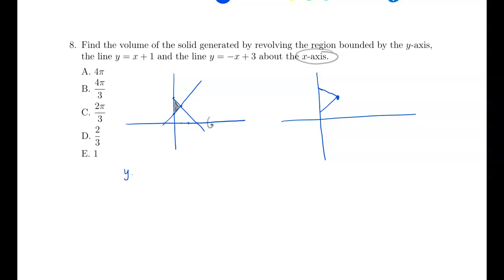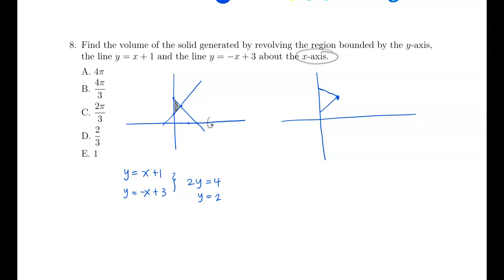So we have y equal to x plus 1, then y equal to negative x plus 3. Adding these two will give you 2y equals 4. So y is equal to 2.